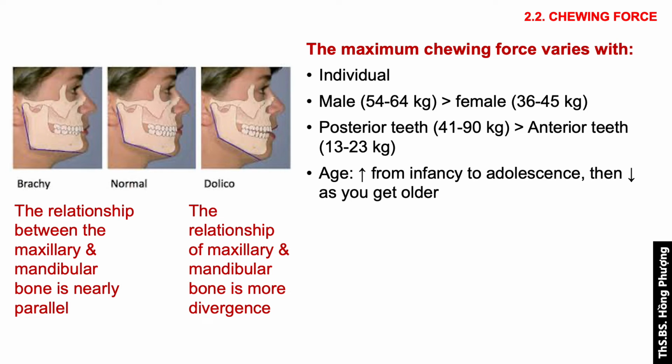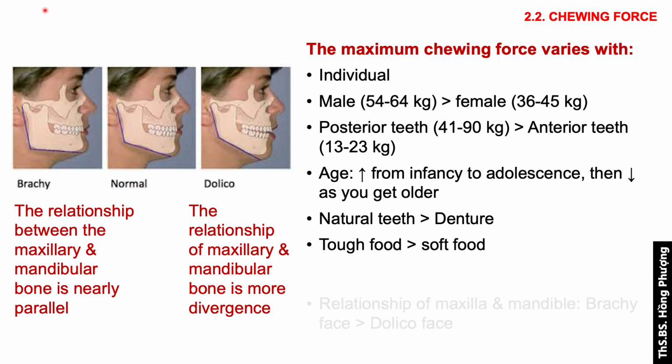It also increases from infancy to adolescence, then decreases as you get older. People wearing dentures have reduced chewing force compared to natural teeth. The chewing force of tough food may be much greater than that of soft food.